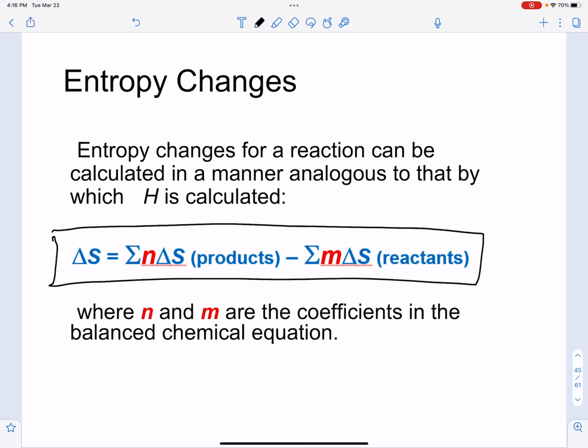This is the same way we used to do it with enthalpy back in 1411, General Chemistry 1. You obviously need a balanced chemical equation, because you're going to use the coefficients of all the products multiplied by their standard molar entropy, minus the coefficients multiplied by the standard molar entropy of all the reactants.